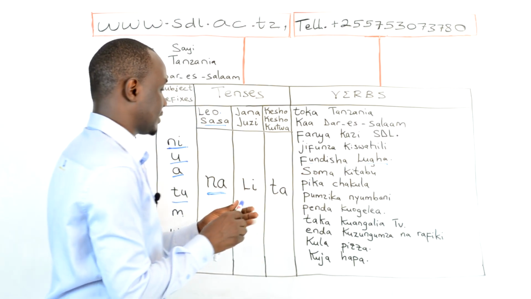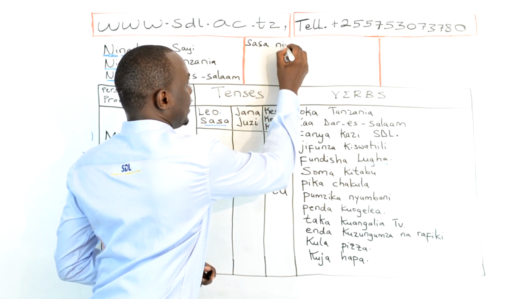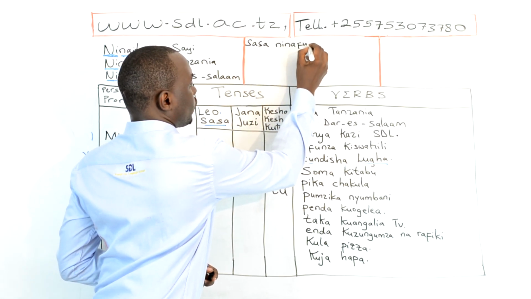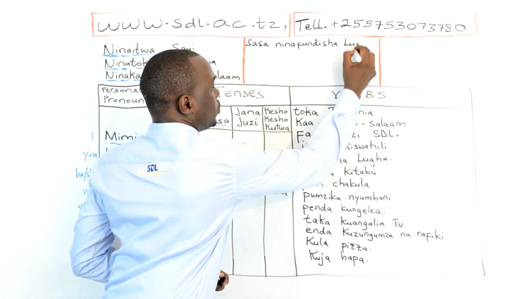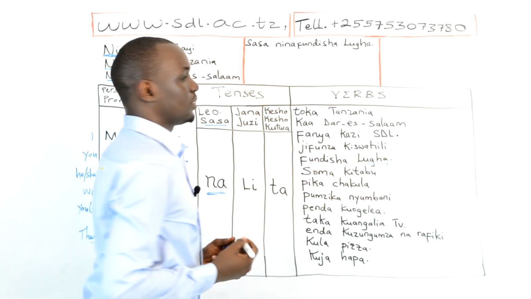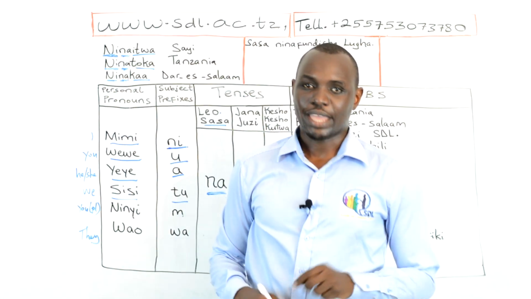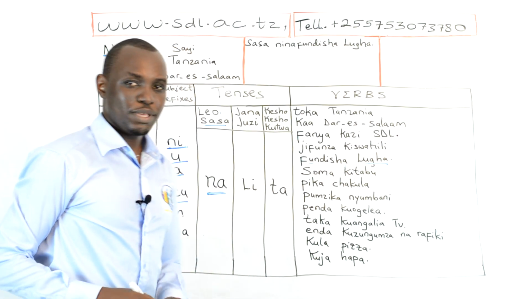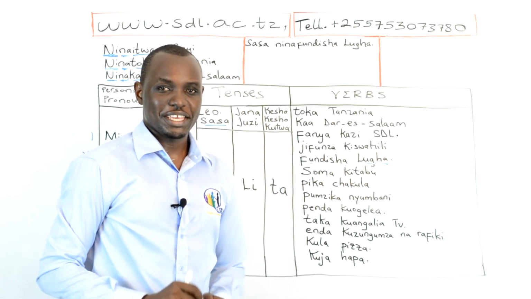I write that sentence. It will be sasa ninafundisha lugha. Sasa ninafundisha lugha. And how will it be when you want to say you are learning Swahili?